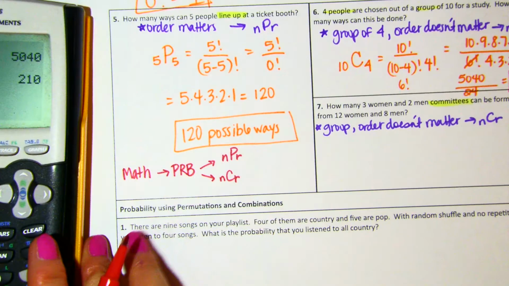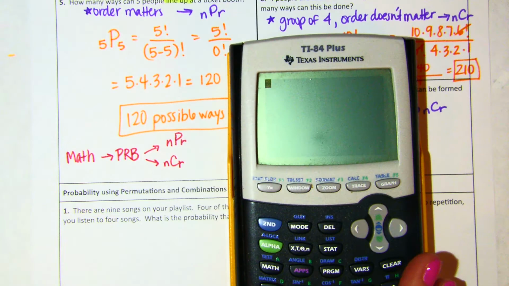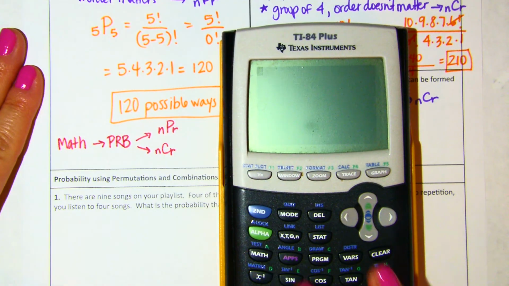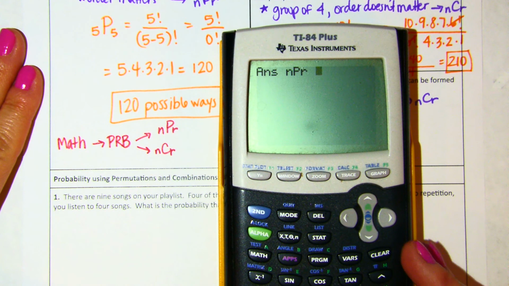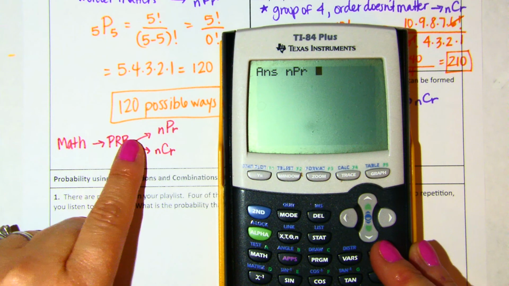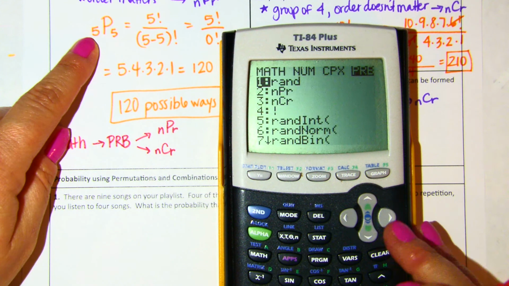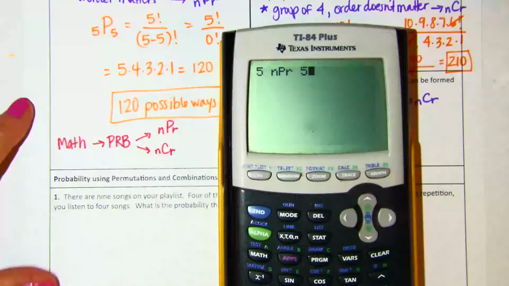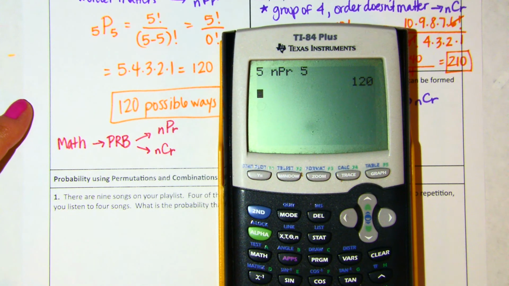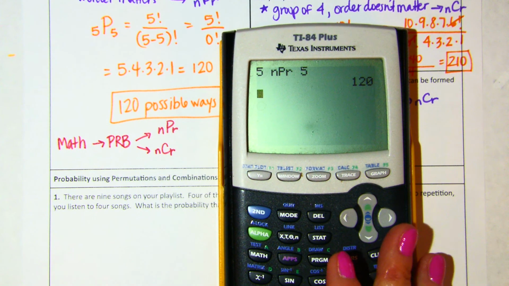So let's do 5P5 on our calculator and get 120 without having to do all the factorials. So PRB. Notice when I do that, it says Ans nPr. That's because you need to put the first number down before you do that. So 5. It's going to be like that on your scientific calculators with the PRB button. When you do that, you get 120. And then you don't have to do all the factorial stuff.